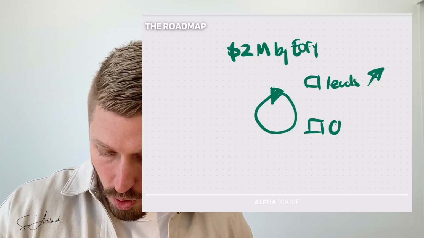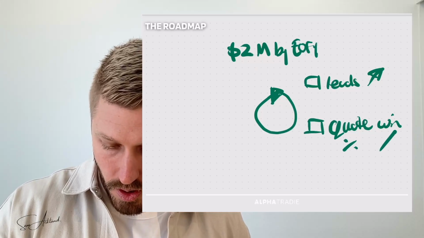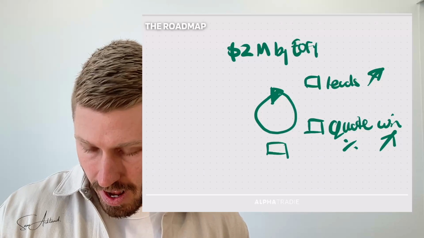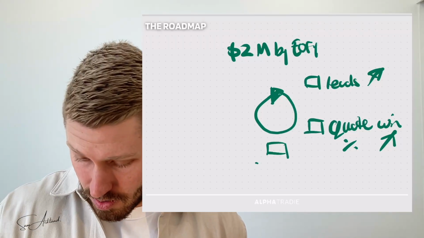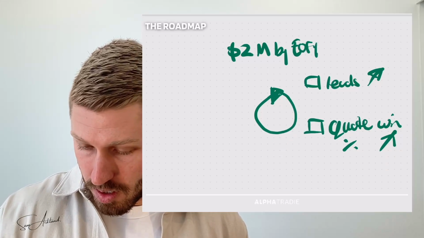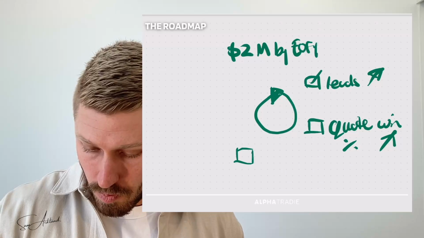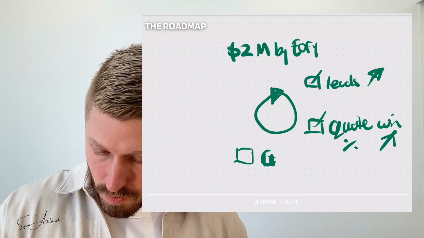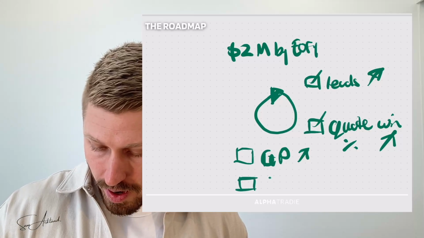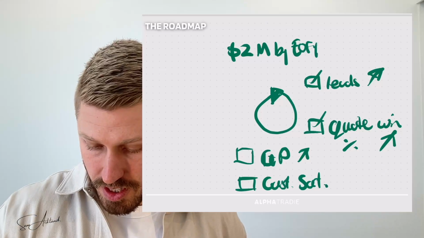Our quote win rate needs to go up. We need to maintain our gross profit margins so that we are still making money. Gross profit margin needs to stay the same or increase, but also our customer satisfaction needs to stay the same or increase.